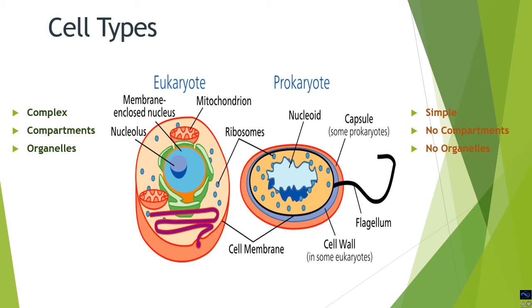As you might already know, cells are of two major types, eukaryotes and prokaryotes. Prokaryotes are the primitive cells, while eukaryotes are the advanced cells. Prokaryotes are actually simple. There is no compartmentalization of their functions, and hence there are no organelles present in the prokaryotes. Contrarily, eukaryotes are much more complex.